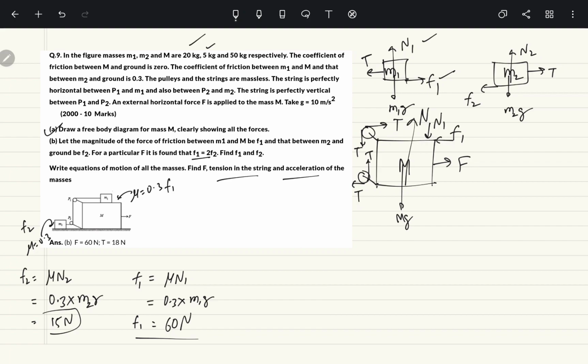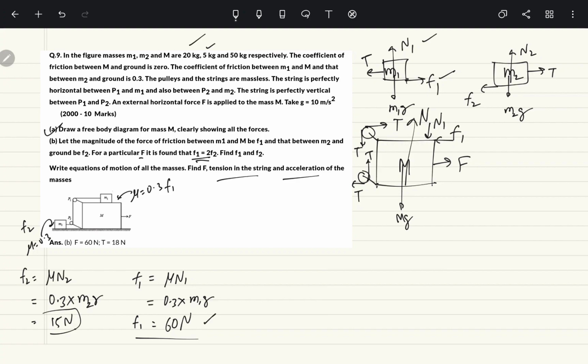So now we have to find F, the tension and the acceleration of the masses. Here it is said that for a particular F, it is found that F1 is equal to 2F2. Here the F1 limit value is 60 Newton, which is obviously greater than F2. If the system is moving right, with capital M and small m1 moving, there is a relative motion between m2 and the ground, so there is maximum friction acting.